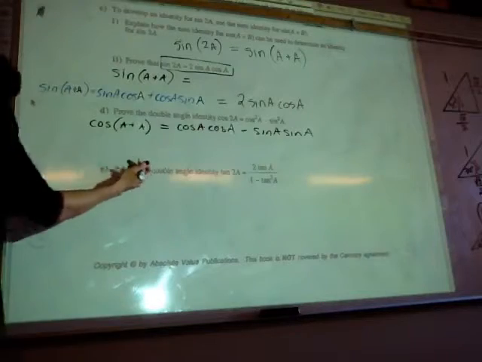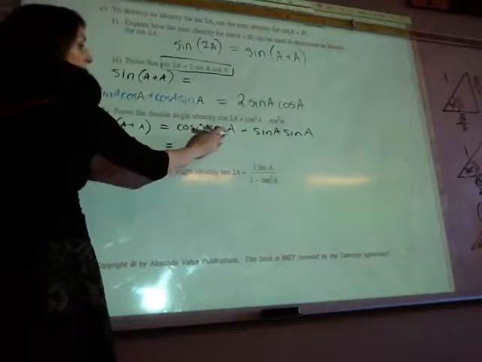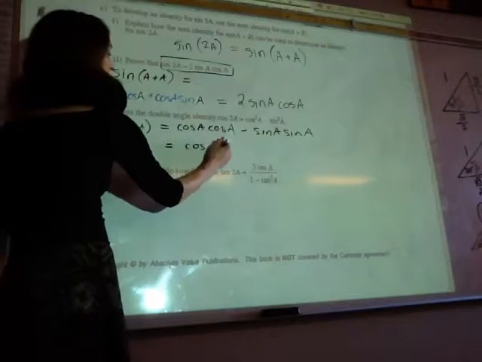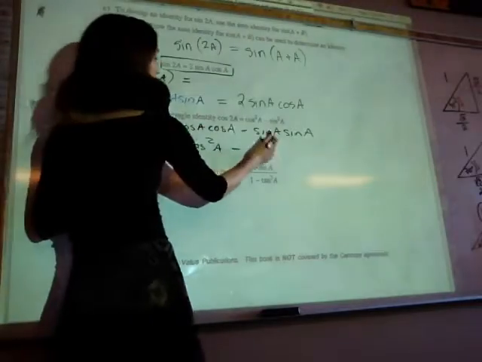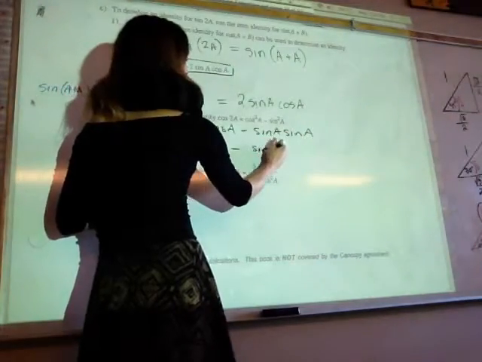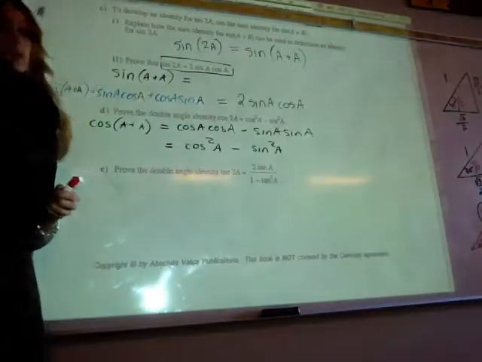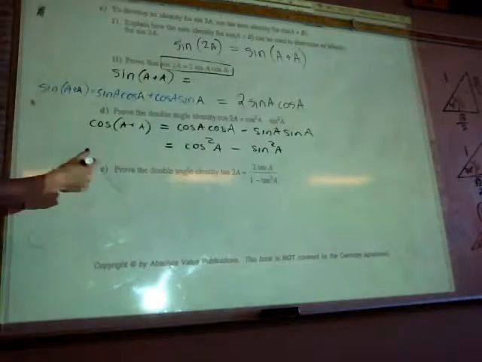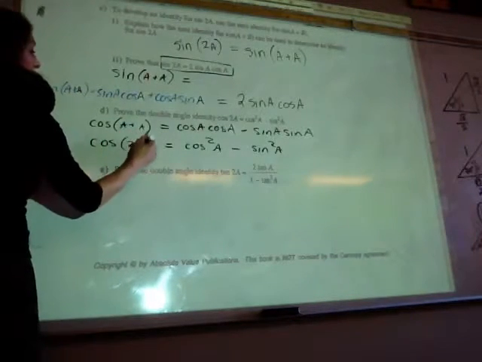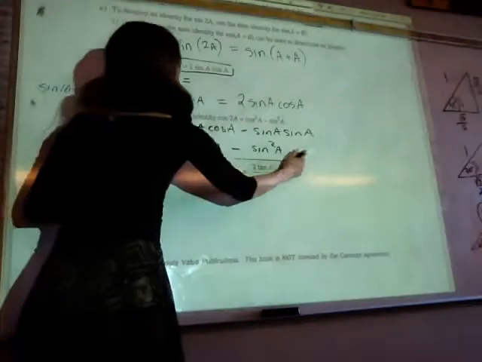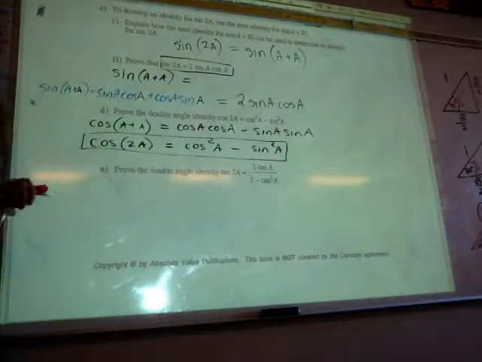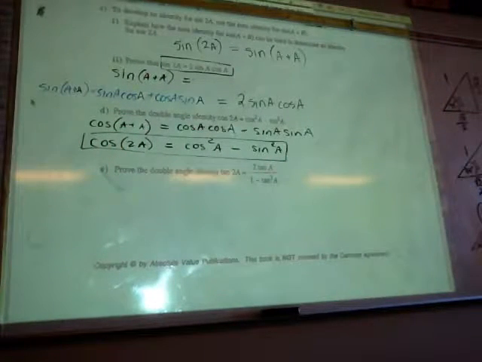And then we multiply through. Cosine a times cosine a is cosine a squared. And sine a times sine a is sine a squared. Therefore, cosine 2a gives us the identity of cosine a squared, sorry, minus sine a squared.